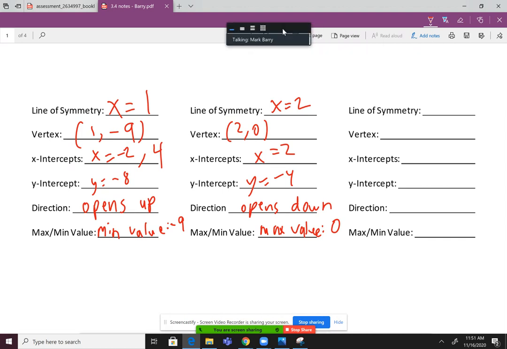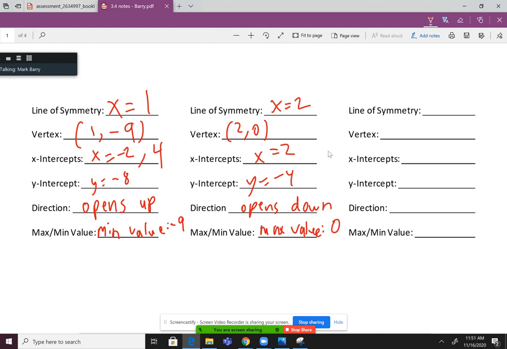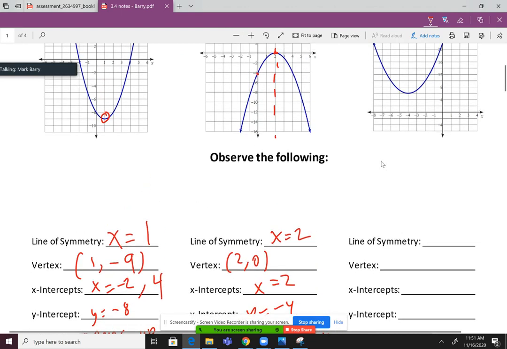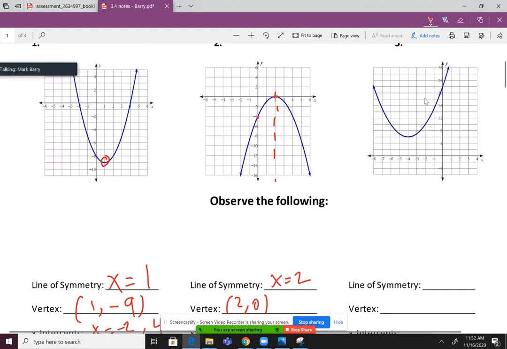All right, so then last up, let's go ahead and do this last one. Why don't I give you guys 2 minutes here to do this one. Be careful again on the y scale on this one. It looks like it's counting by 2s on the y scale.